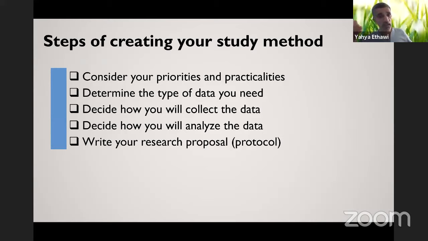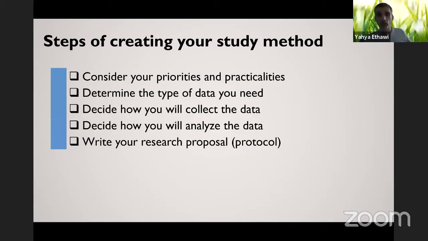So you have your aim of the study, the type of the data, the type of study, the time scale, the location and sampling, you made your conclusions, you determined the reliability and the validity. But again, is that possible? And if it's not possible, which one is not possible? Which one is possible? And if more than one thing is possible, what are your priorities? So priorities and practicalities are important in writing study design.